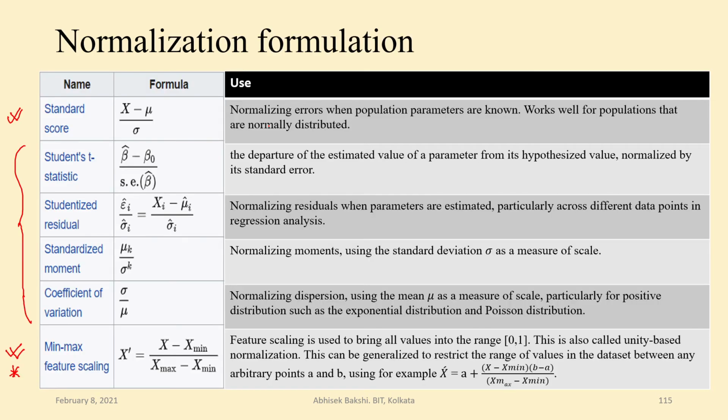Always remember one thing, this particular technique scales everything to 0 to 1. It's written. And if you want to put them in a particular arbitrary range A and B, then you have to use this formula. If you want to keep them only between 0 and 1, this will do. That means the minimum one will be represented by 0, the maximum one in the set will be represented by 1, and other values will be somewhere between 0 and 1.